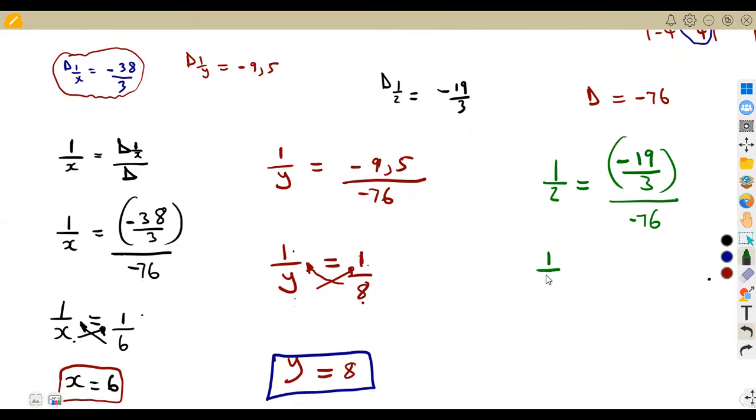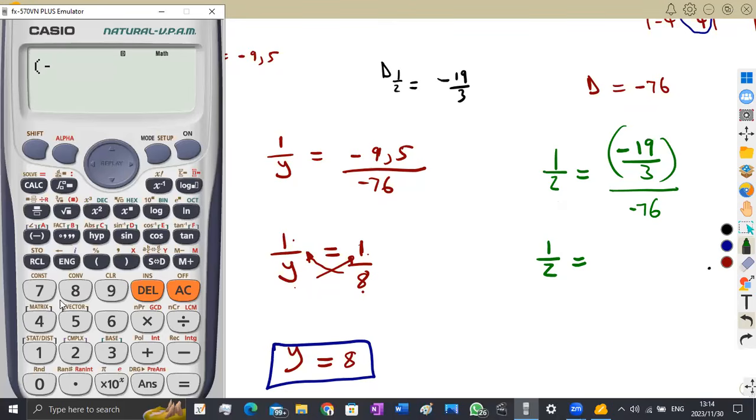So what will 1 over z give us? Let's use our calculator. Open a bracket, negative 19 over 3, close, divided by negative 76. This is going to give us 1 over 12.